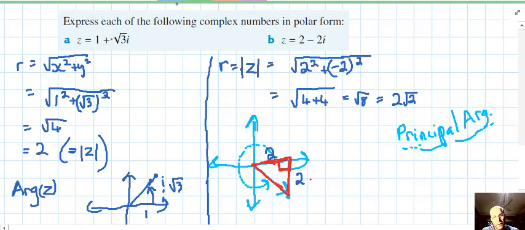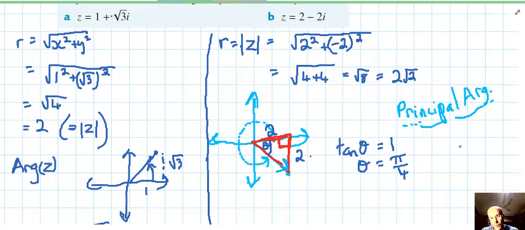So to find that acute angle in there, we can use tan. Just treating it as a right angle triangle temporarily to get the magnitude of that little angle, we've got tan of theta equals 2 over 2, or 1. In radians, theta would be equal to pi on 4 radians.